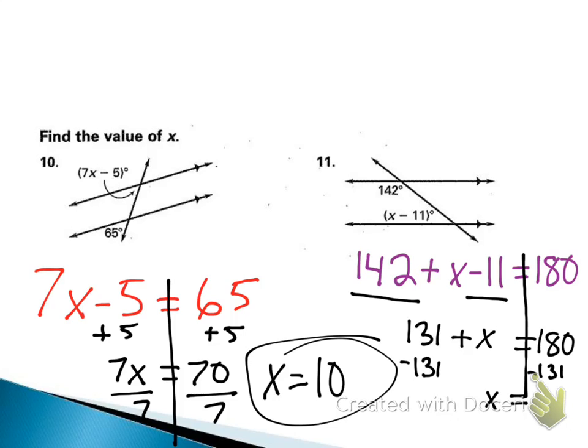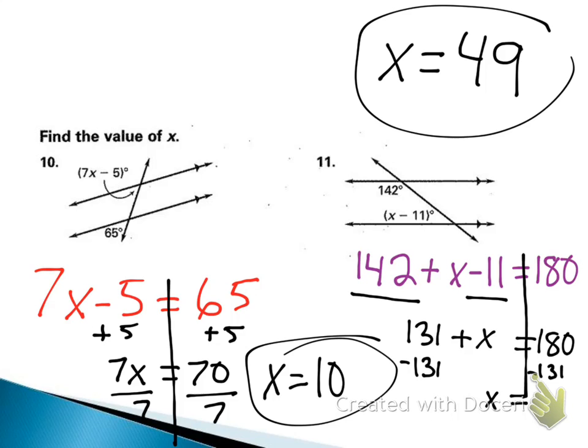Oh, you can't see, it's behind that hand. I'll write it up here. What is x going to equal when you do 180 minus 131? 49. So in that one, x is 49. Great. Any questions?